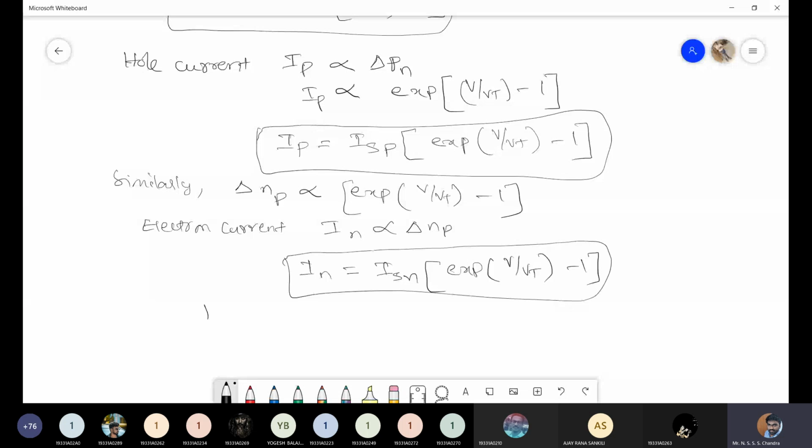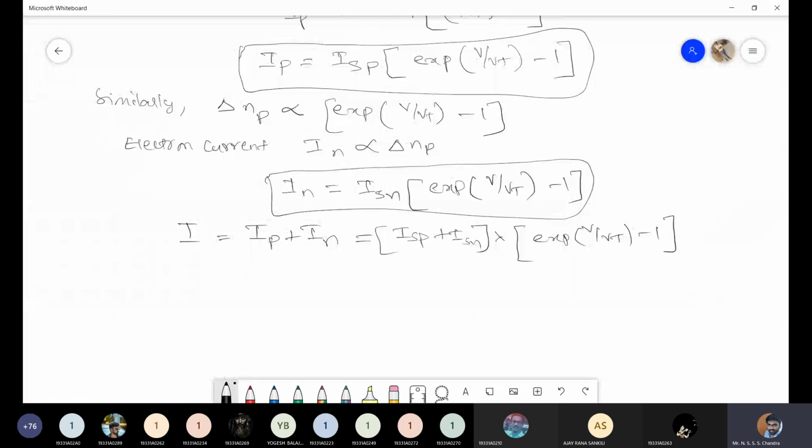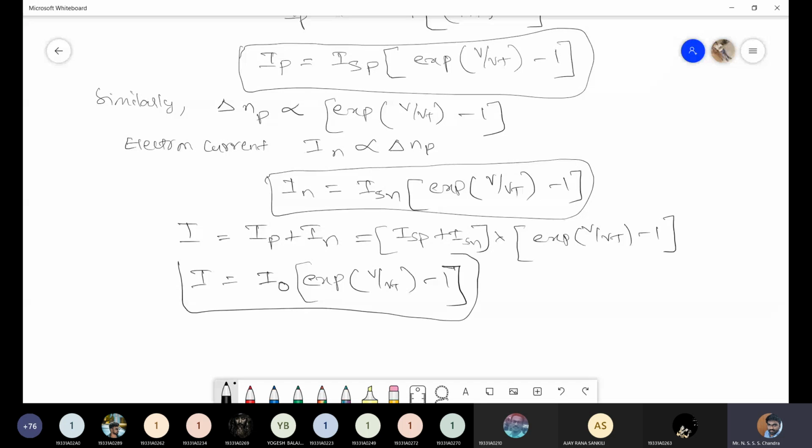So your total current I is equal to hole current plus electron current. That's equal to Isp plus Isn into exponential of V by Vt minus 1, which is common to both. This we will write as I is equal to I naught into exponential of V by Vt minus 1.